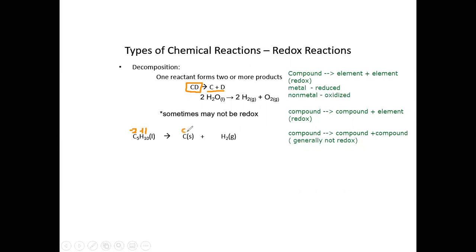So carbon goes to 0, hydrogen goes to 0. So here hydrogen is reduced and carbon is oxidized. And in this example, C5H10 is both the oxidizing and the reducing agent because it contains both the species that is oxidized and reduced.